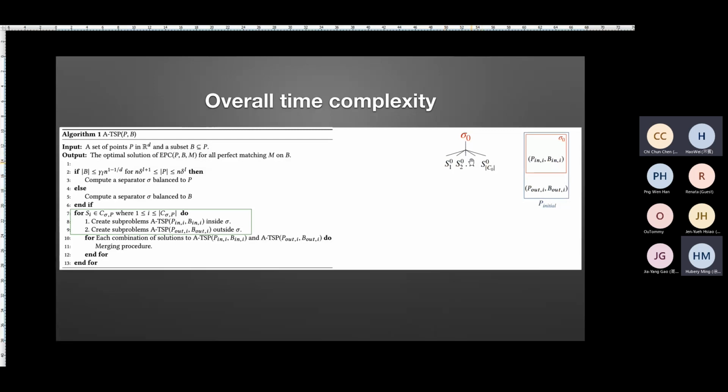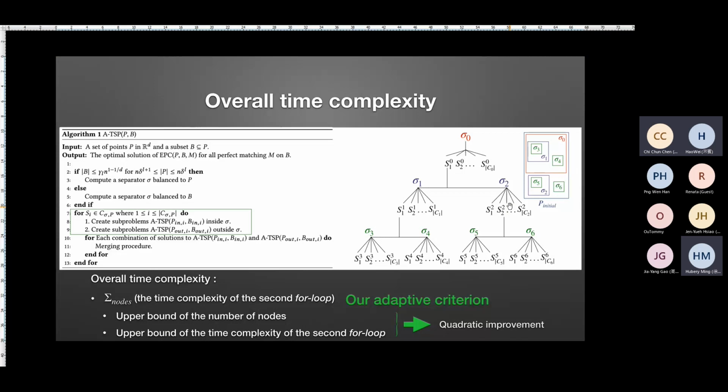For each problem, we recursively call the algorithm to make more subproblems that help to reduce the size of subproblems. We do it recursively until the size of the subproblem is small enough that we could obtain all of the solutions.